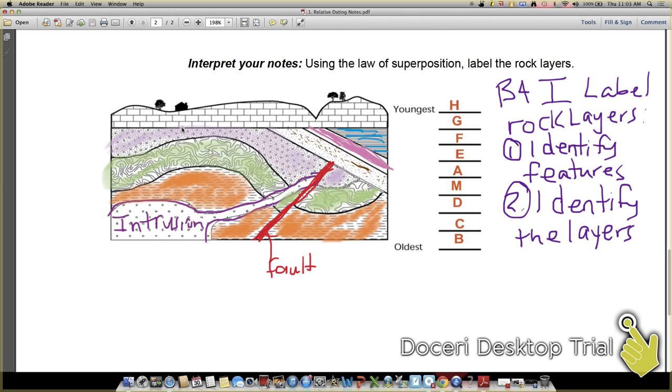No, those are not faults. Good question. Those are not faults. Those rock layers have been tilted. That's why we label the faults. Faults are breaking. This has not broken anything. All right? And then, lastly, you have your brick rock layer.